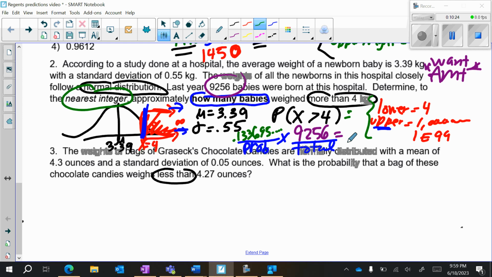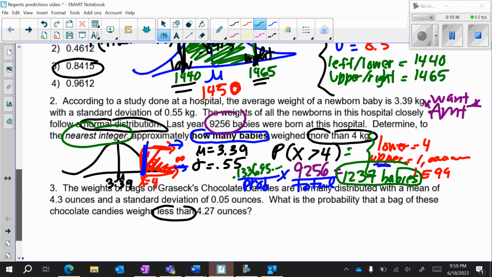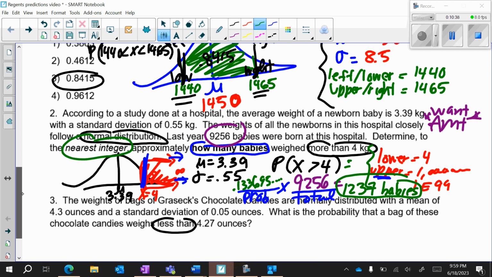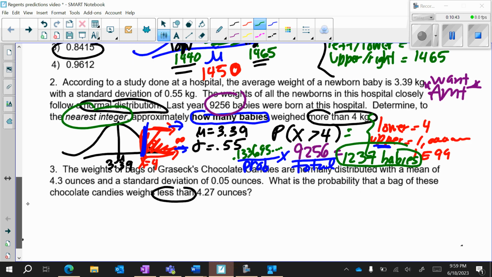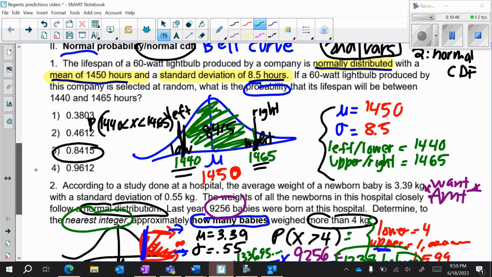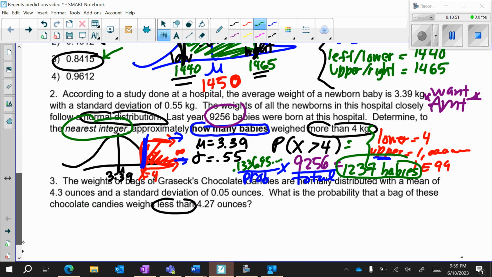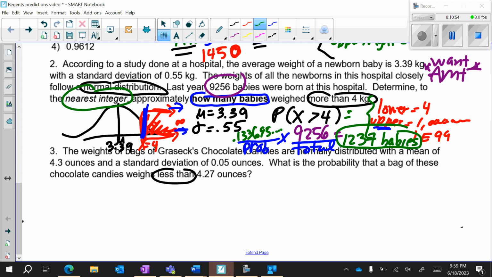Okay, so just a tip, note to self. If it says between, you're going left bound, right bound, and it's pretty straightforward. If it says more than or less than, you're going to put in either positive infinity or negative infinity for the upper or lower bound. And if it says a percent or probability, your answer is going to be a decimal like this. But if it says how many, you have to take your probability and multiply it at the end.